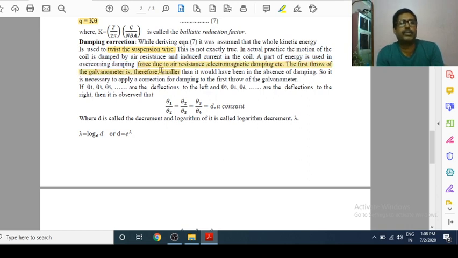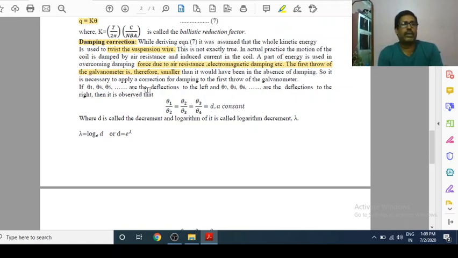This damping force comes from air resistance or from induced EMF, which is known as electromagnetic damping. So there is no question of the whole energy being used to twist the wire. So we need a correction, and that correction is known as damping correction.